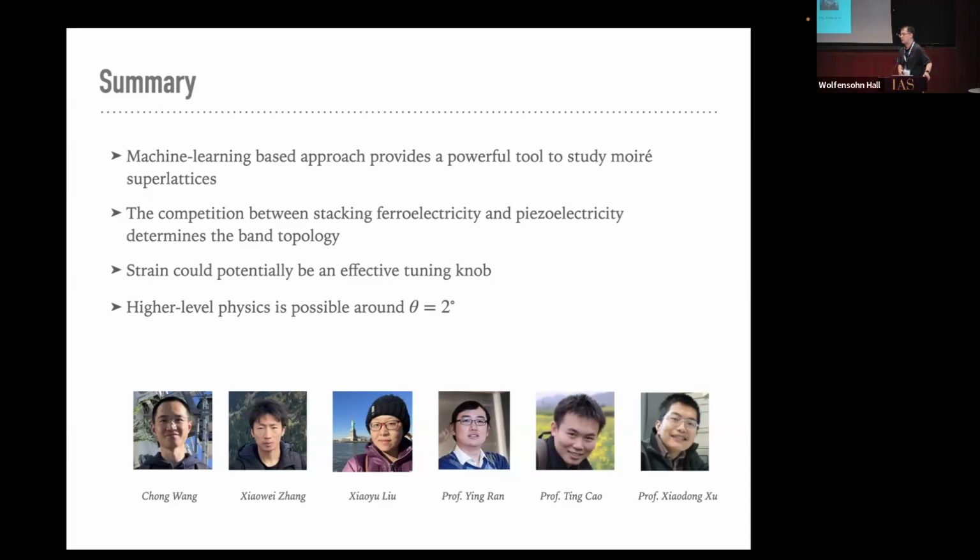Yes. So we have looked into this in a very quick way, and it helps to make the band flatter, if you can design it in a certain way. But in terms of the various effects on the topology, the piezo effect is the largest one.